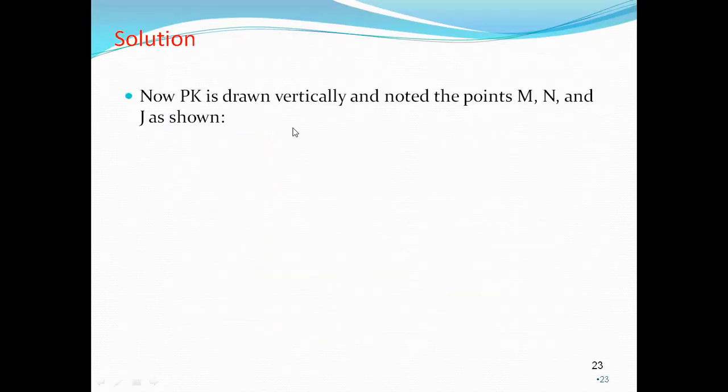So now PK is drawn vertically, and note the points M, N, and J.